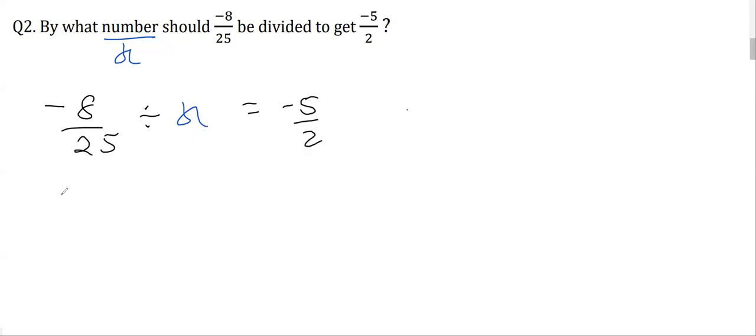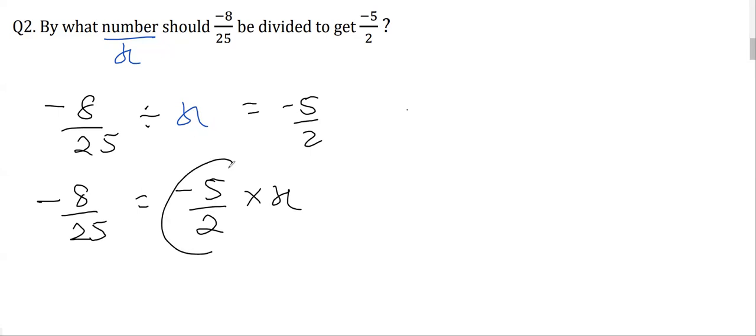So we can say this is minus 8 over 25. If I transpose this divided by x to the other side, it gets multiplied, so this is multiplied by x. Now, as we can see, we have to get the value of x here. So we'll be transposing this to the left.